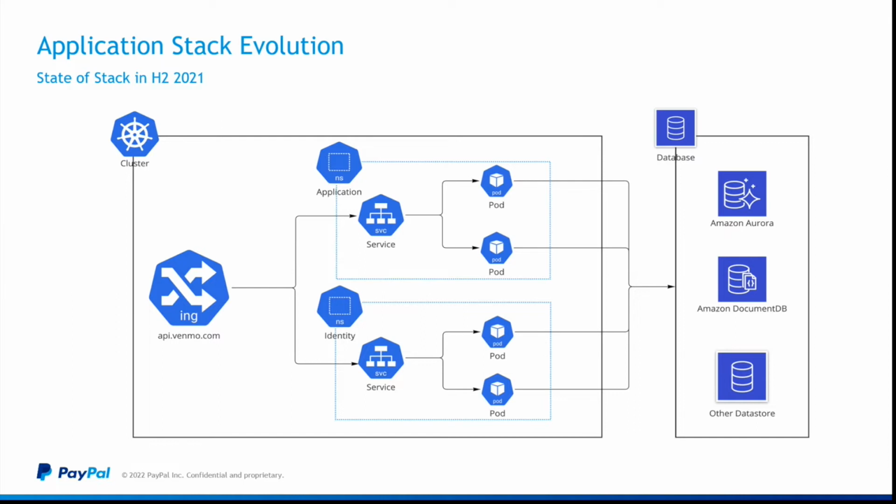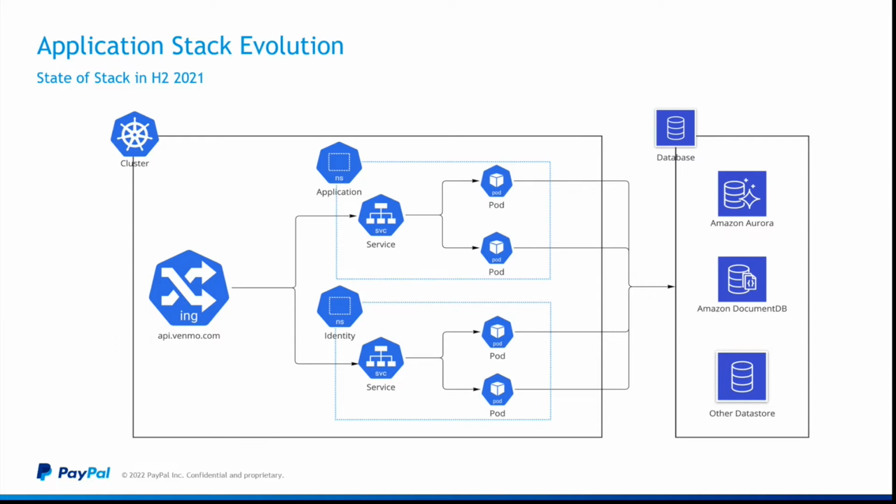Let's have a slightly deeper look at how things look within the namespace. It's kind of the same, but inside the namespace, there are multiple pods running that host your containers running your application. And those application pods will make and open database connections for both Aurora and DocumentDB as well as the data source as required.